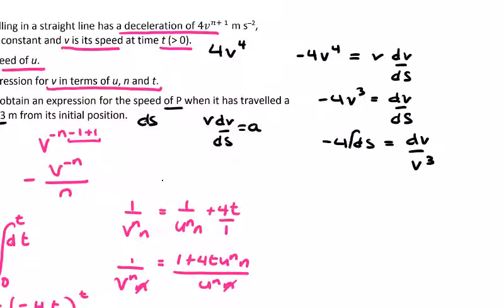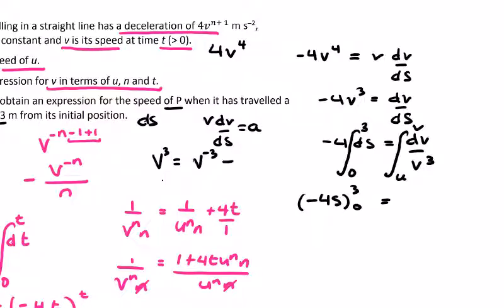And now put your integrals in. It's when the distance has become 3, and v starts at u and ends at v, so we're getting things in terms of u again here. So minus 4s between 3 and 0 will be equal to the integral of v to the power of minus 3, which is: increase the power by 1 and divide by the new power.